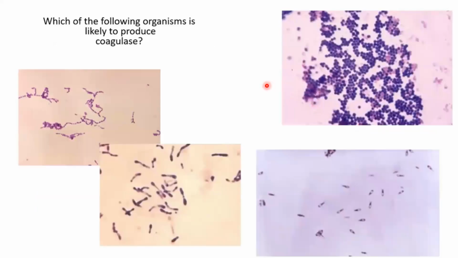So let's start. Which of the following is likely to produce coagulase? You can tell me top right, top left, bottom right, bottom left. Okay. Yes, top right.